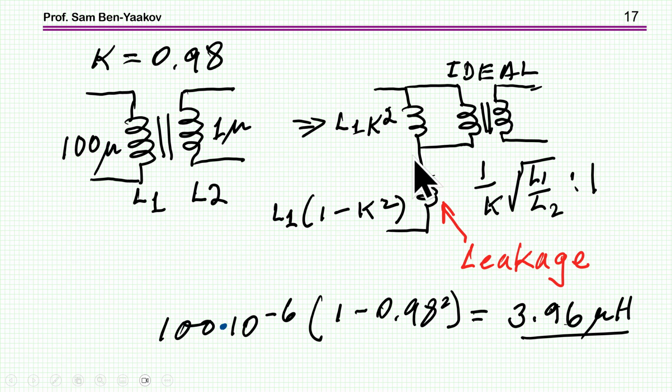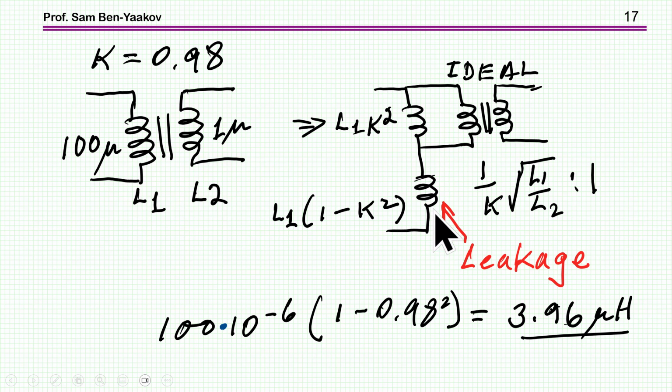Now, this translates to an equivalent circuit that looks like this, in which we have what I call the magnetization inductance, the leakage, and an ideal transformer. Okay, this is another representation of this coupled inductor. I'd say it's an engineering view of the situation, like a transformer, rather than the physics-based coupled inductor.